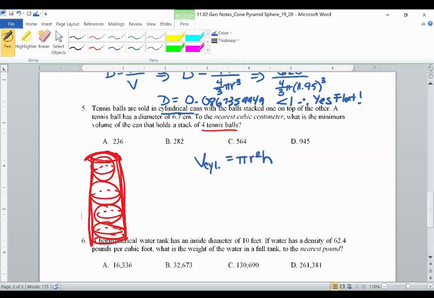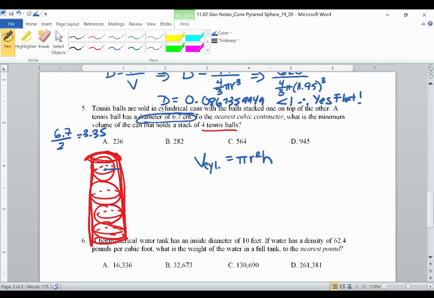Well, the radius of our tennis ball, well, actually, they give us the diameter of our tennis ball is 6.7 centimeters. So 6.7 divided by 2 would give us 3.35. So I know the radius of the tennis ball is 3.35, and we're assuming that the container is pretty close.